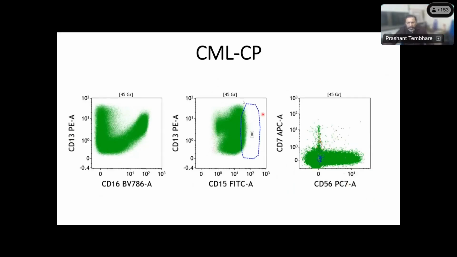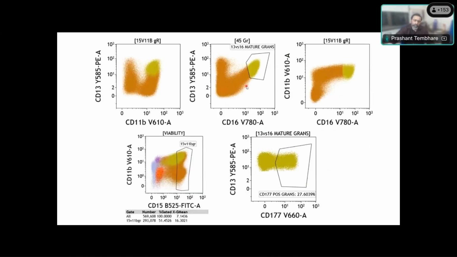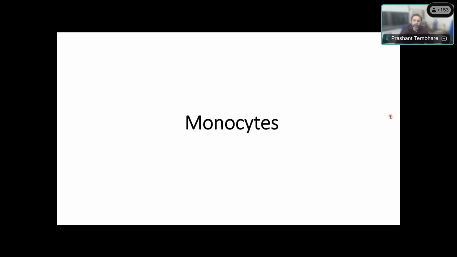So this is a common altered antigen expression in CML cases. This is another case of CML. You can see there is a normal maturation pattern with respect to CD13, CD11b and CD16, but there is down regulation of CD15 in this case. So that was about the granulocytic maturation pattern.